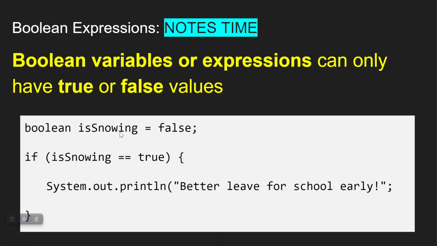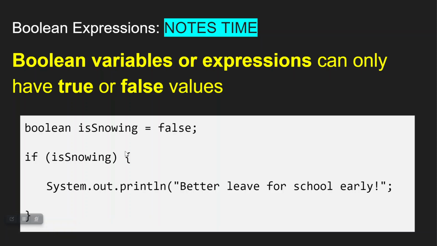Well, the Boolean variable is false, so does false equal true? That would be false. So this whole thing would evaluate to false. So Boolean variables are just your variables. Boolean expressions are something like this, where you've got a value being compared to another value, and again, the entire expression is going to evaluate to either true or false.